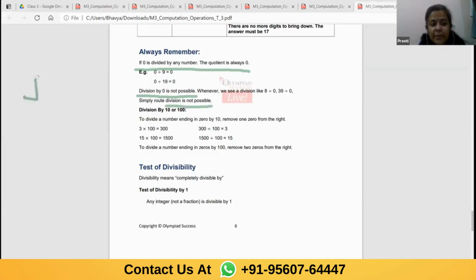So 0 can come inside this, but 0 cannot come here. This is right, the quotient will be 0, but this is wrong. 0 can never be your divisor. This is not possible. This is not defined.